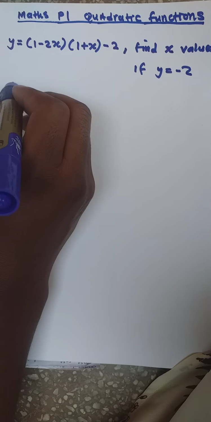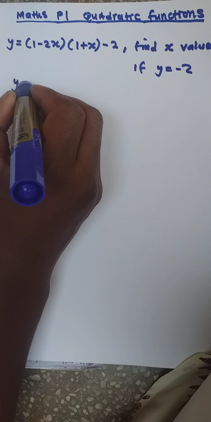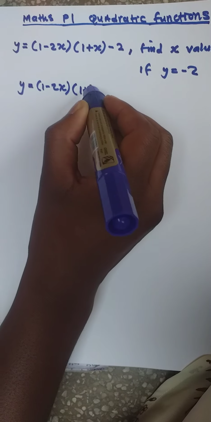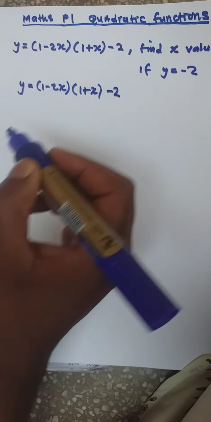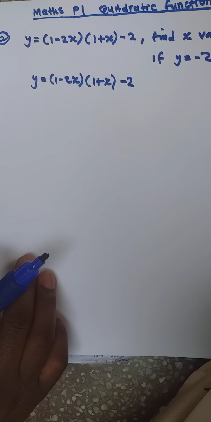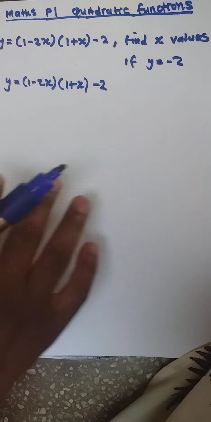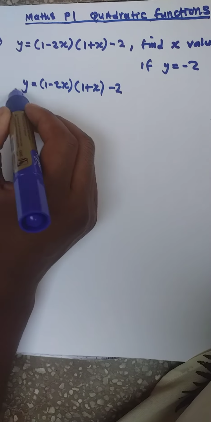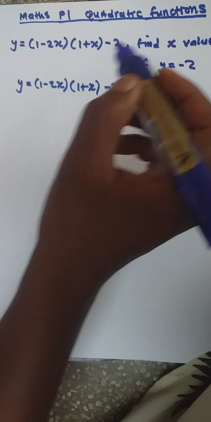It's very clear. The function is y = (1 - 2x)(1 + x) - 2. Then they are saying if y is equal to -2, what will be the values of x? So we simply substitute. Where there is y, you replace it with -2.